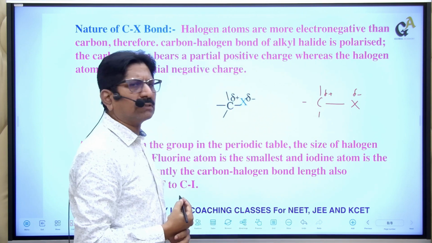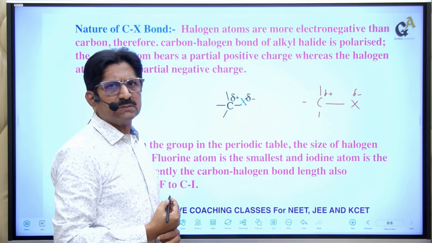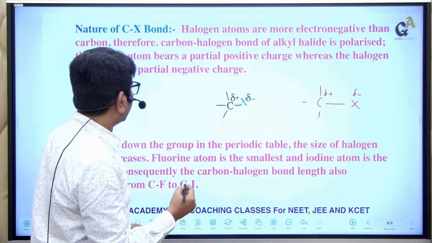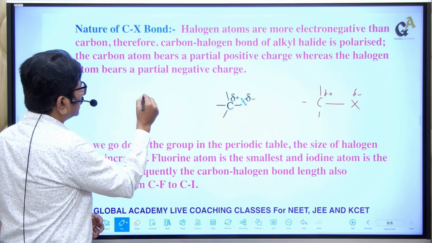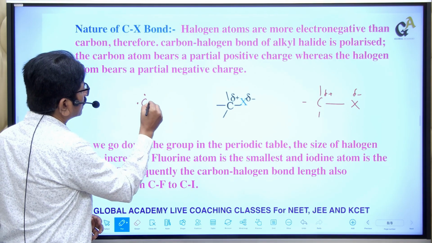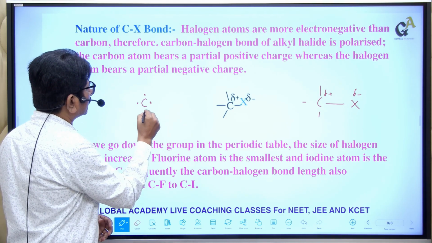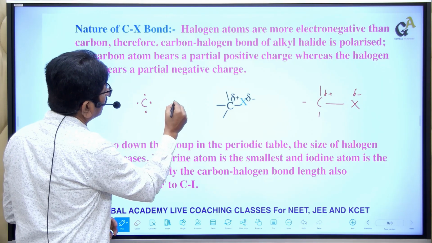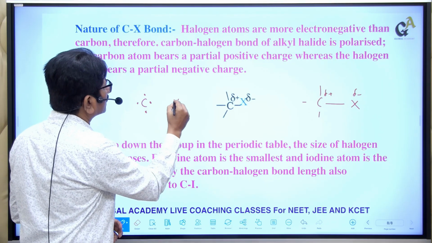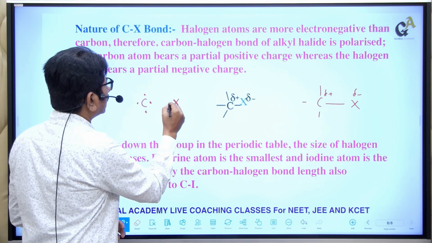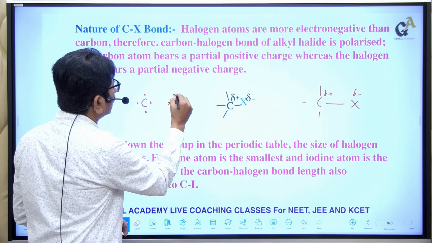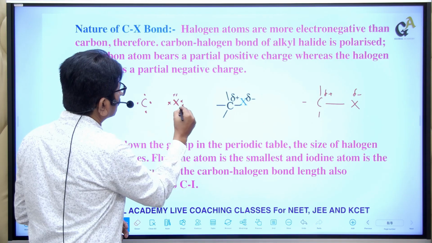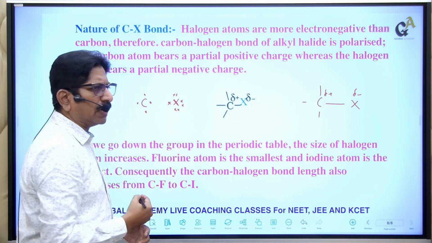How is this possible? There are 4 electrons present in carbon. Similarly, there are 7 electrons present in the outermost shell of the halogens.